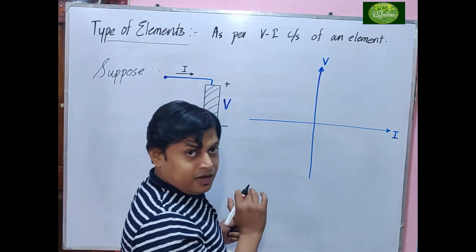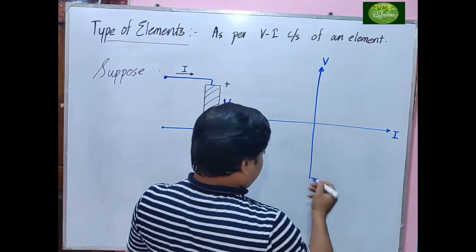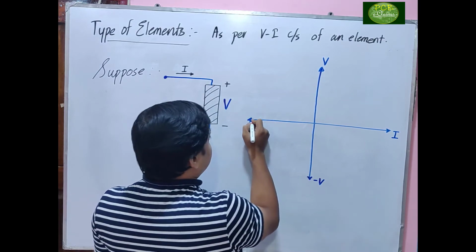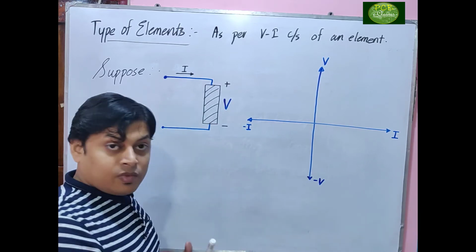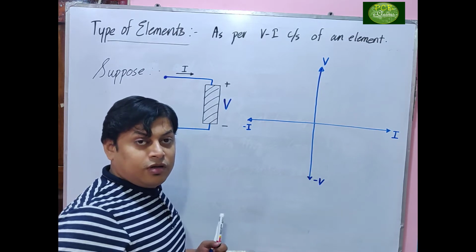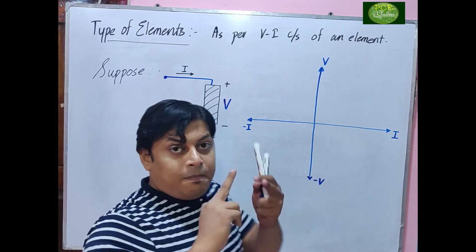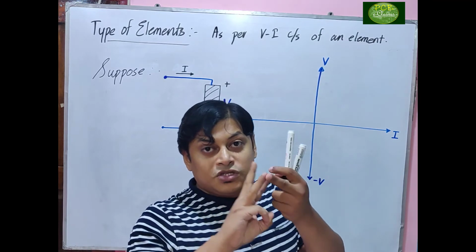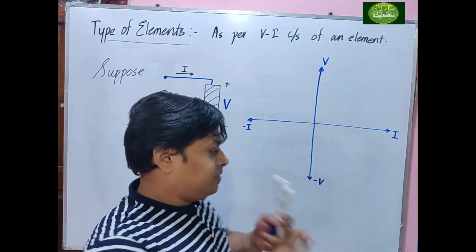There should be a straight line, passes through origin, and the slope remains same for all time. Means what?